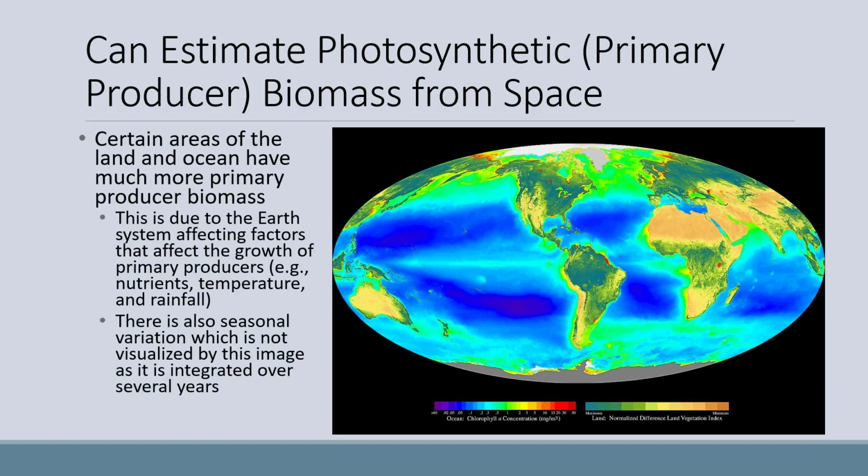Certain areas of the land and ocean have much more primary producer biomass. This is due to the Earth system affecting factors that affect the growth of primary producers, like nutrients, temperature, and rainfall. So like we said, the biosphere doesn't exist in the absence of the other spheres on Earth. There is also seasonal variation, which is not visualized by this image, as it is integrated over several years' time.